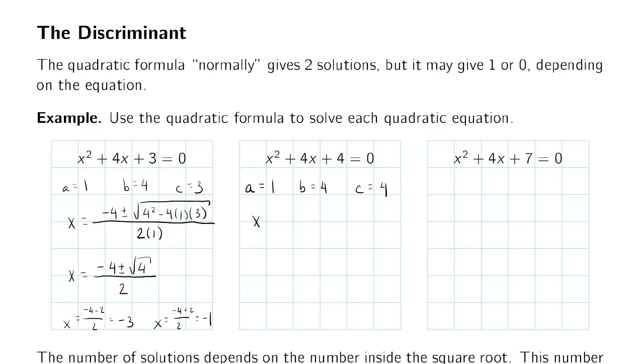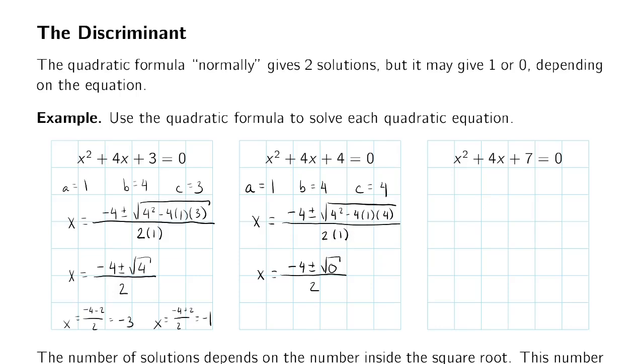So we'll have x equals negative 4 plus or minus the square root of 4 squared minus 4 times 1 times 4, all over 2 times 1. And when we work out the stuff inside the square root, we get x equals negative 4 plus or minus the square root of 0 all over 2.